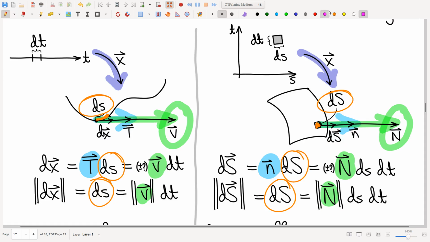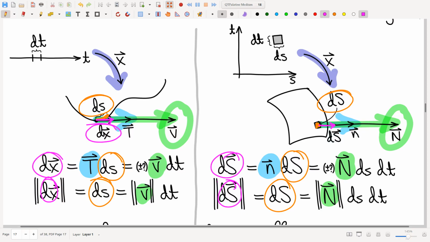Let's look at the vector differentials. The dx vector shows up there and there. The ds vector shows up there and there. What you might call the parameter differential. Let's see here. Did I run out of colors?